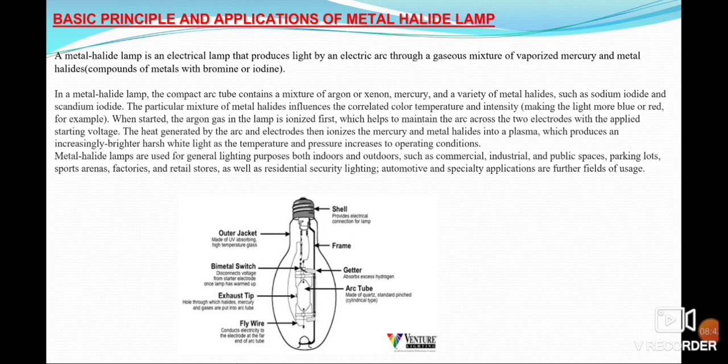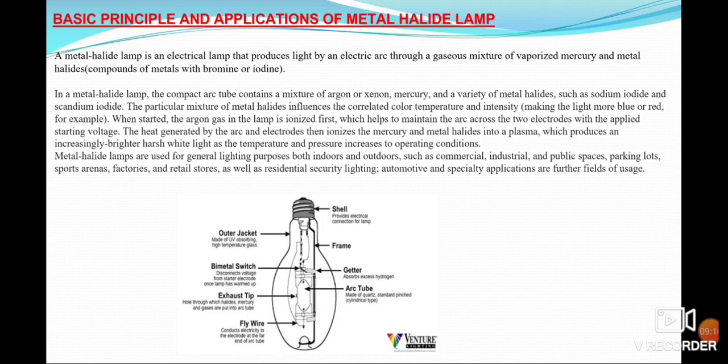So the metal halide lamps are used for general lighting purposes, both indoors and outdoors, such as commercial, industrial and public spaces, parking lots, sports arenas, factories and retail stores, as well as residential security lighting. Automotive and specialty applications are further fields of usage.